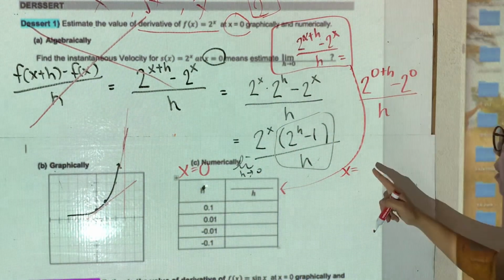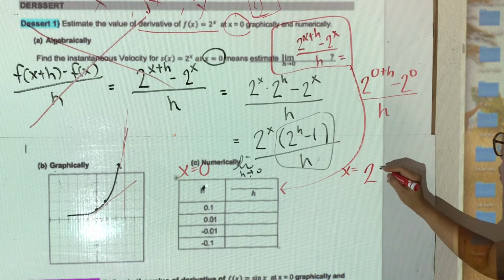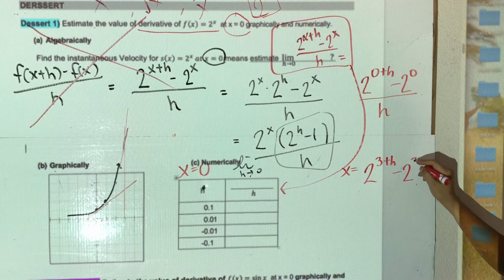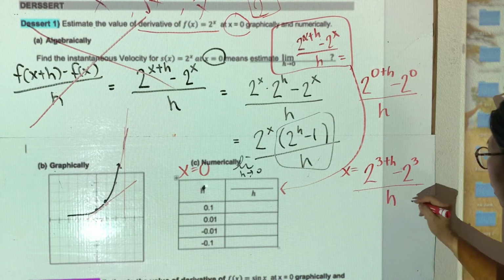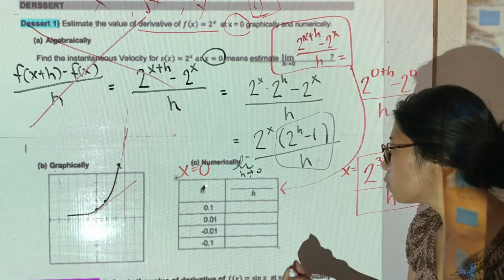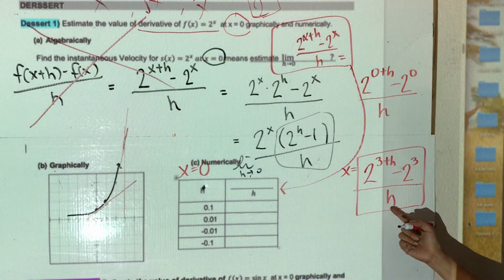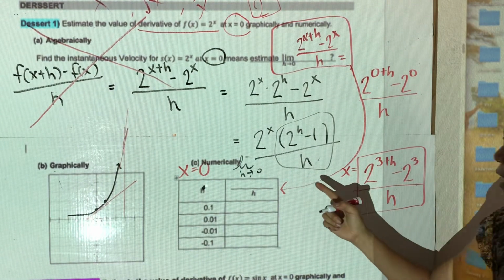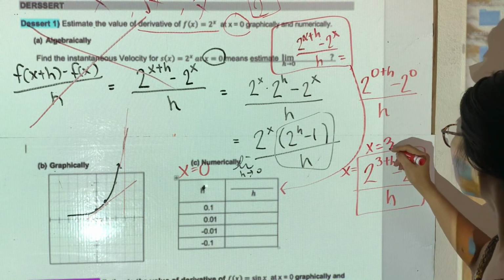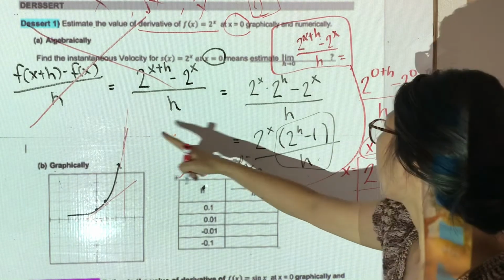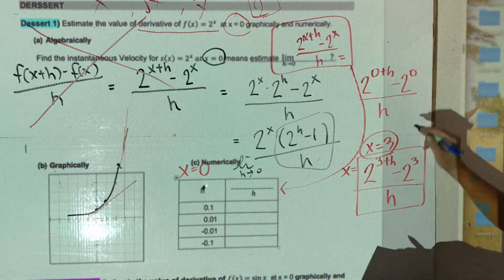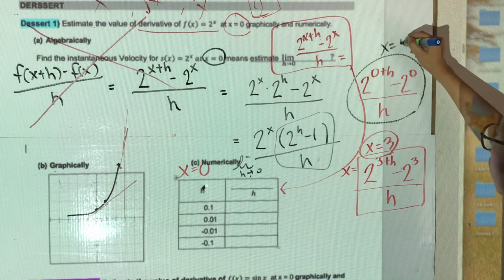Then yes, you put your function as 2 to the 3 plus h minus 2 to the 3rd power over h, and you plug in an h value small enough that you can see what that slope looks like. That's when x is equal to 3. So that's that part. I want to find the slope when x is equal to 0.